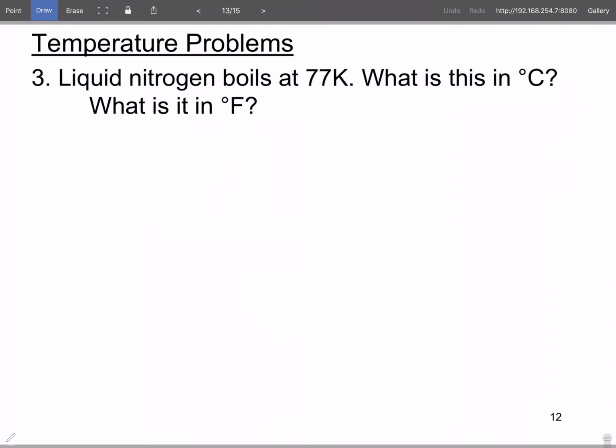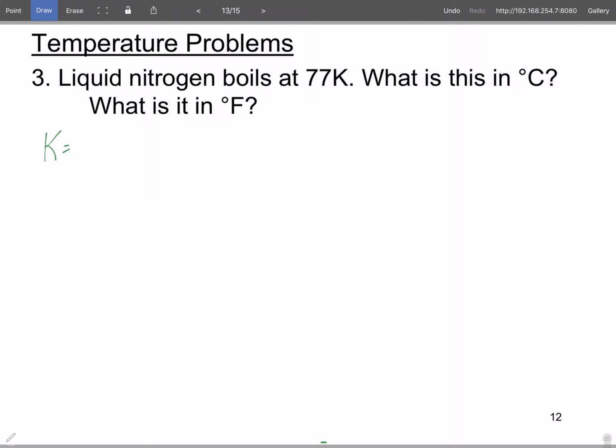Liquid nitrogen boils at 77 K. What is this in degrees C? What is it in degrees Fahrenheit? There is not a conversion directly between K and degrees Fahrenheit. I'm sure somebody has one somewhere. I'm not going to give it to you, so we'll do this in two parts.